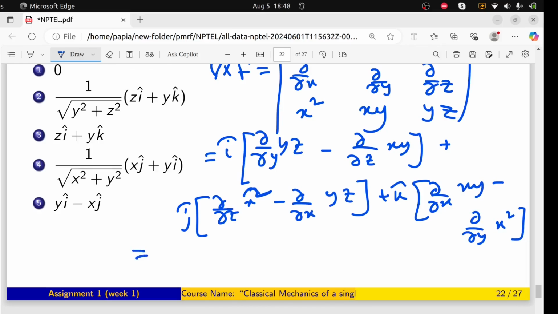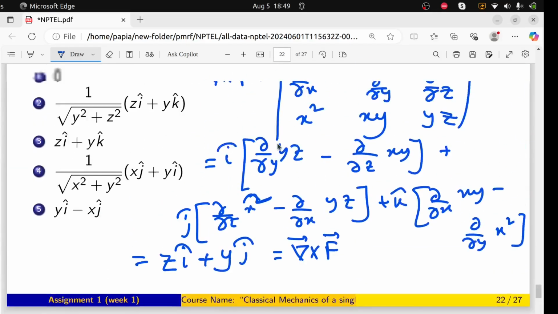So I can have the value as z i cap plus y k cap. So this is curl of F.